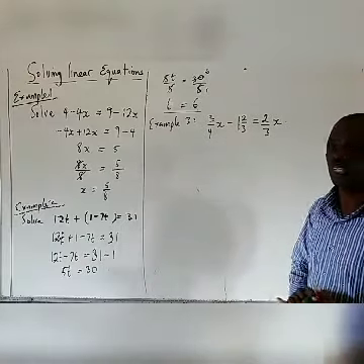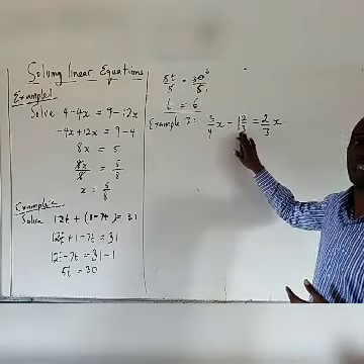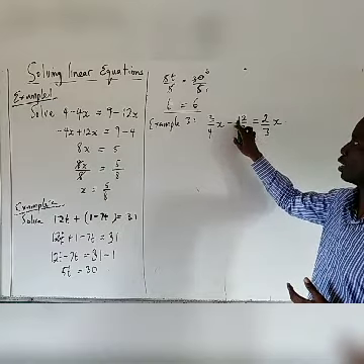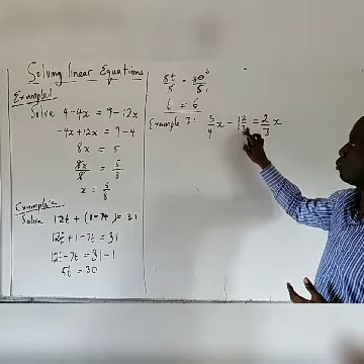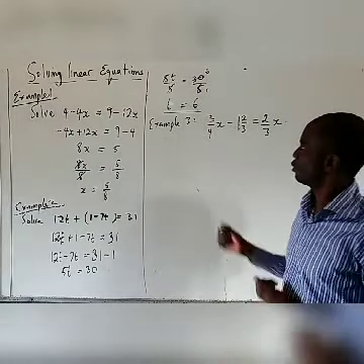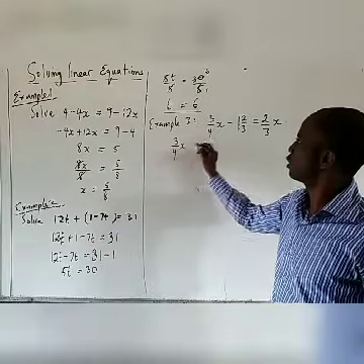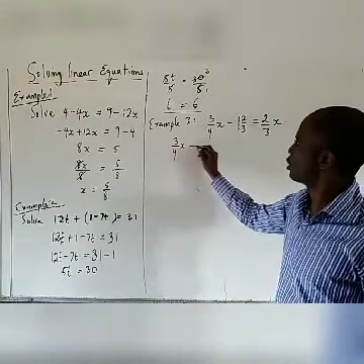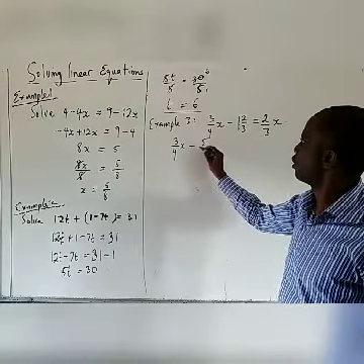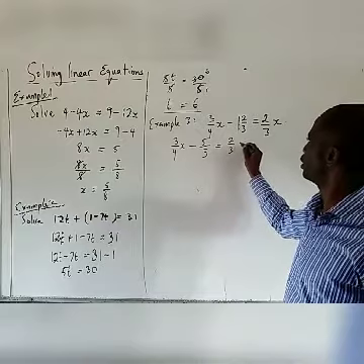Anytime you see a mixed fraction like this, you make it an improper fraction by saying 3 times 1 plus 2: multiply the denominator and the whole number, then add it to the numerator. So if you do that, you'll be having 3 all over 4x for this, then minus 3 times 1, 3 plus 2, 5 all over 3 equals 2 all over 3x.